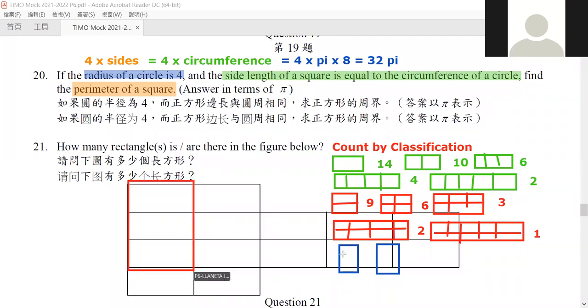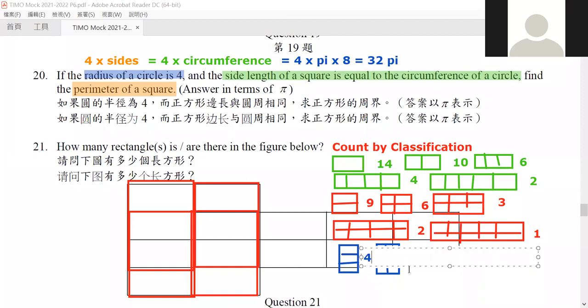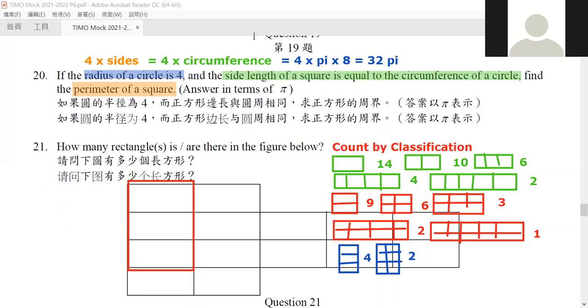There are only 2 different sizes. One is of this, and the other is of this. So we have 4 on our left-hand side, and 2 of them on the right-hand side. 2 in here.